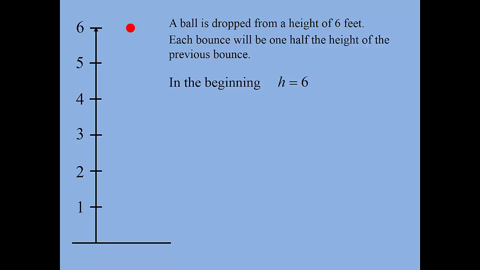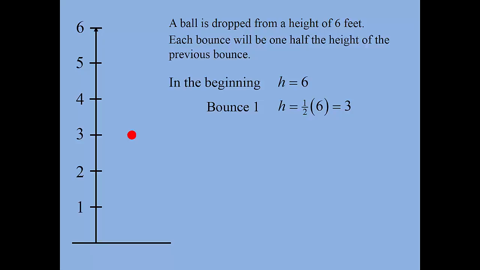And so I want to go through with you the scenario. We drop the ball from 6 feet. It bounces back up to 3 feet. That's half of 6. So its new height is 1/2 of what it started. That's what bouncing 1/2 of the height means.